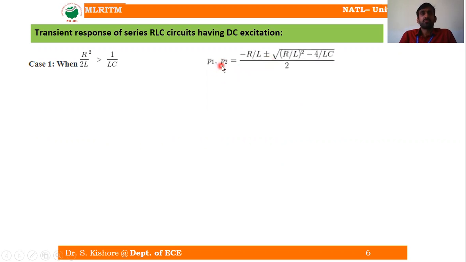So what are the roots? P1 comma P2 is equal to minus R by L plus or minus square root of R by L whole square minus 4 by LC, by 2. So in this, we are having a plus or minus.